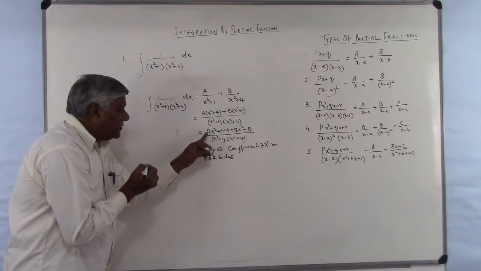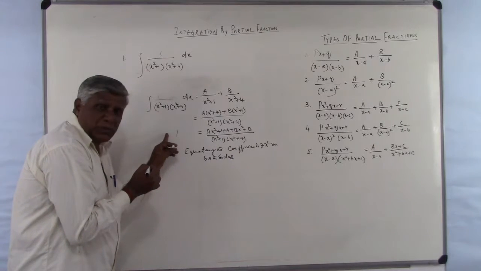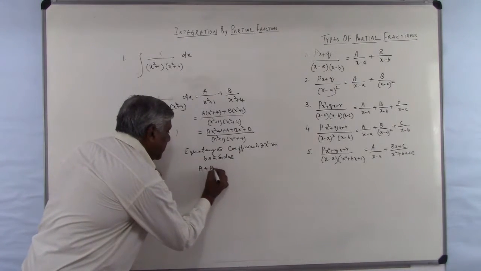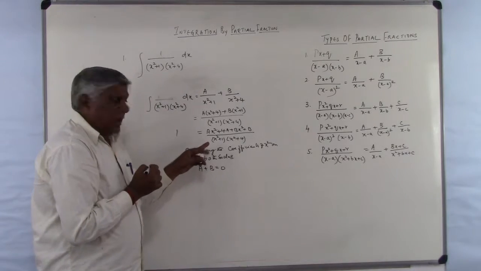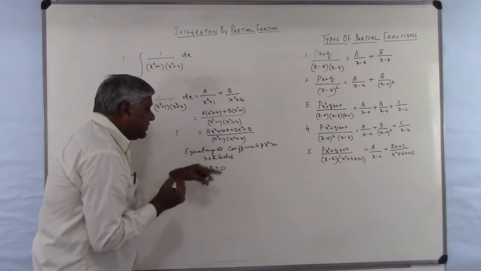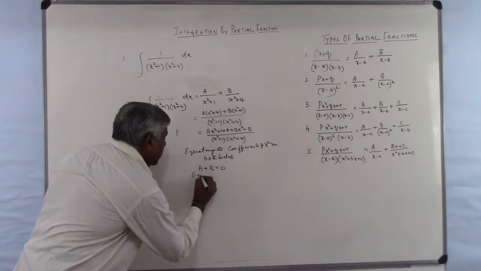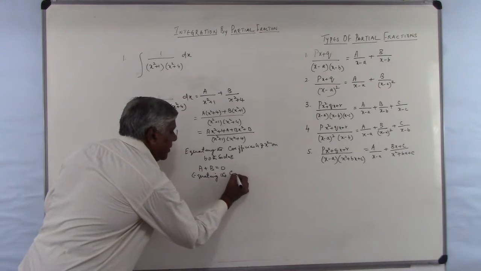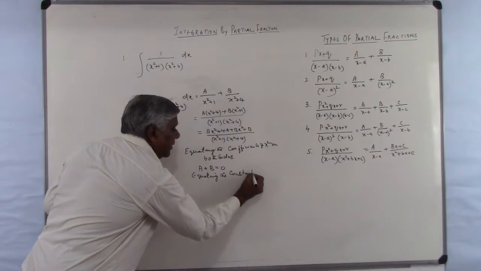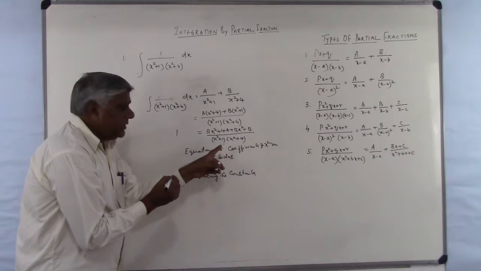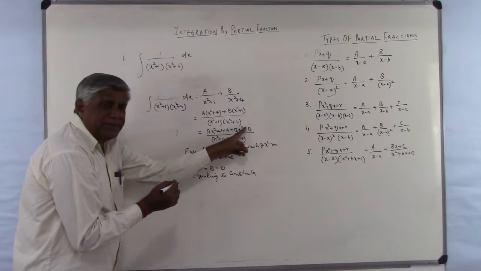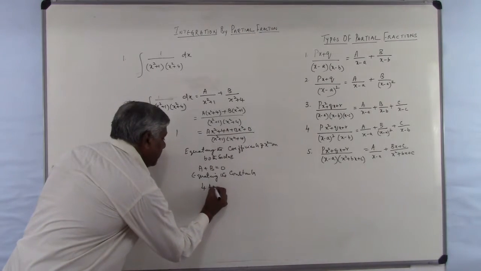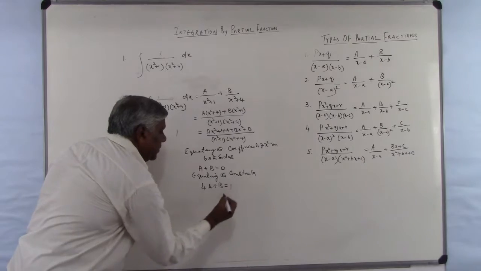You can see a plus b, there is no x square coefficient here. Therefore, a plus b is equal to 0. And now equating the constants, 4a plus b is equal to 1.